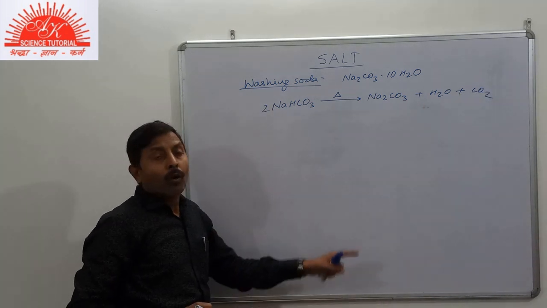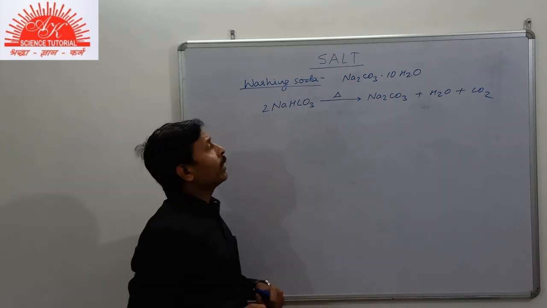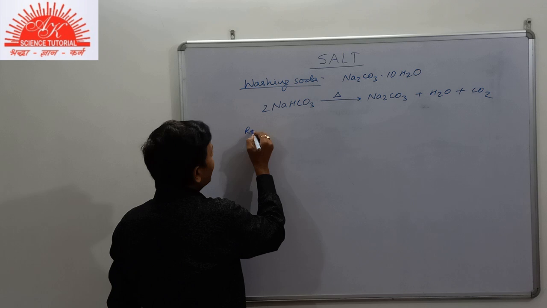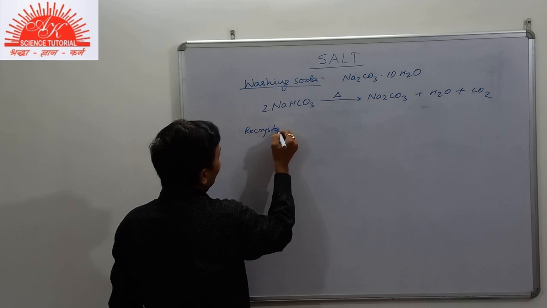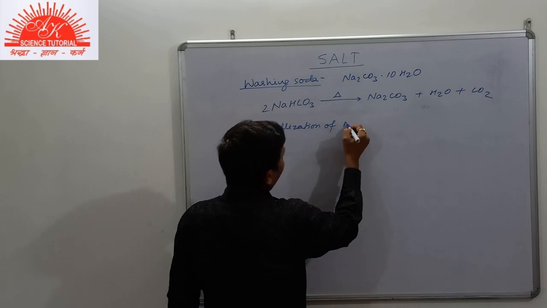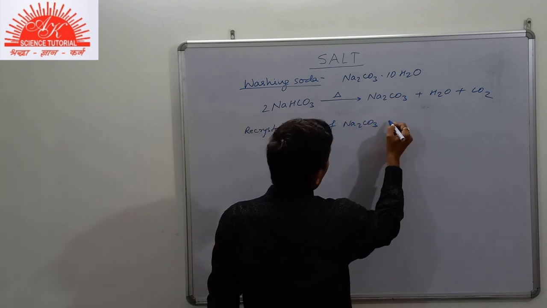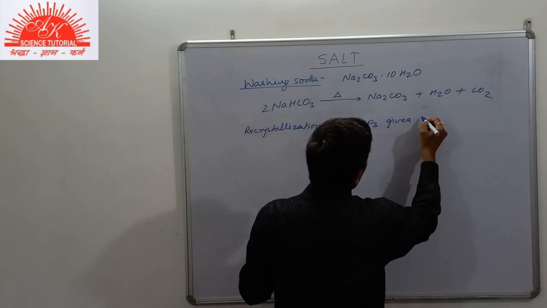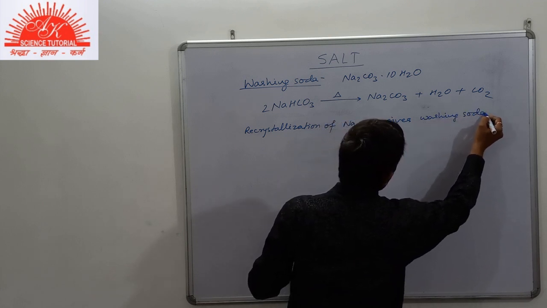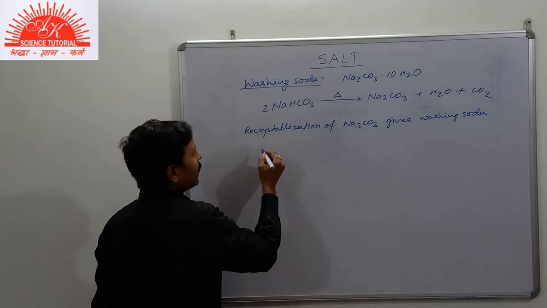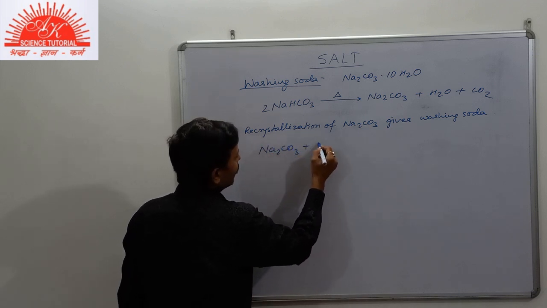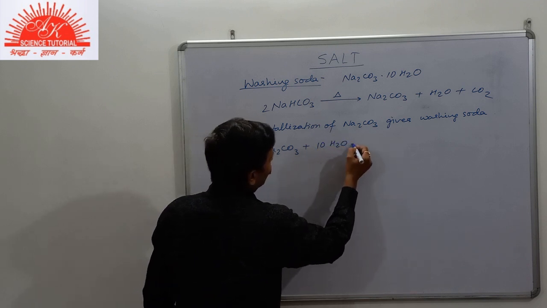Now, when sodium carbonate is recrystallized, that is recrystallization of Na2CO3 gives washing soda. Like you see, Na2CO3 plus 10H2O.